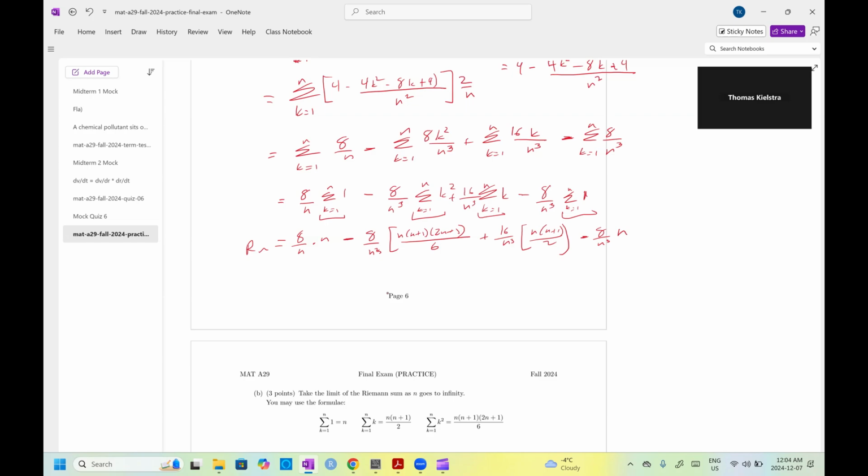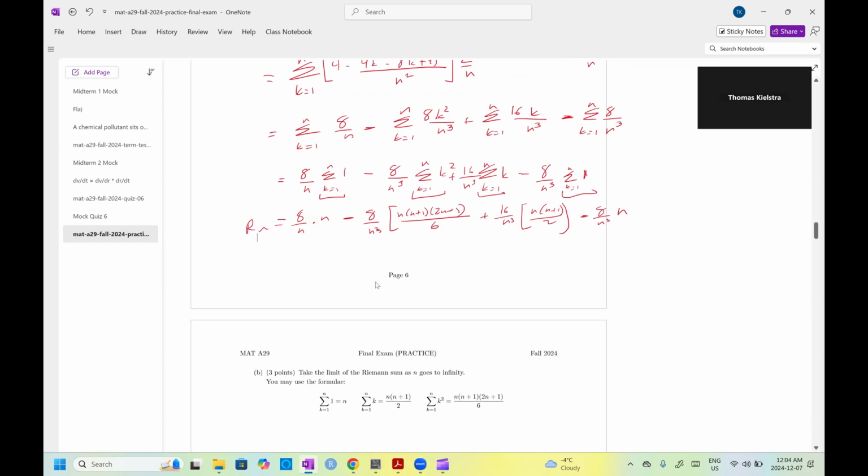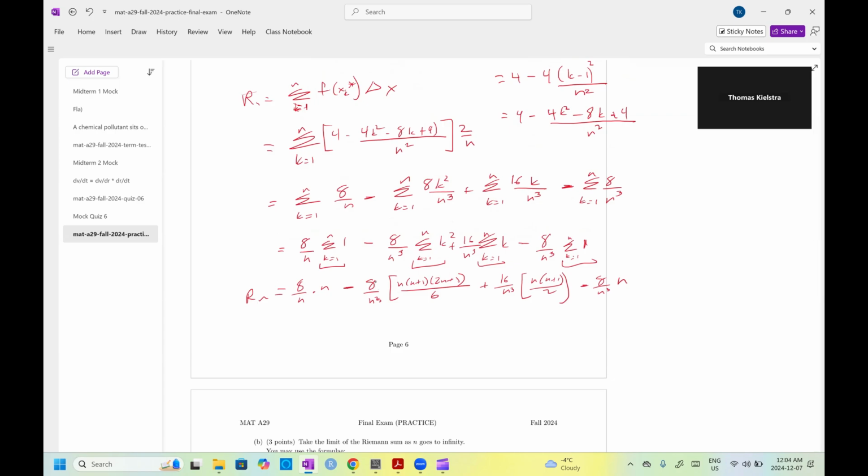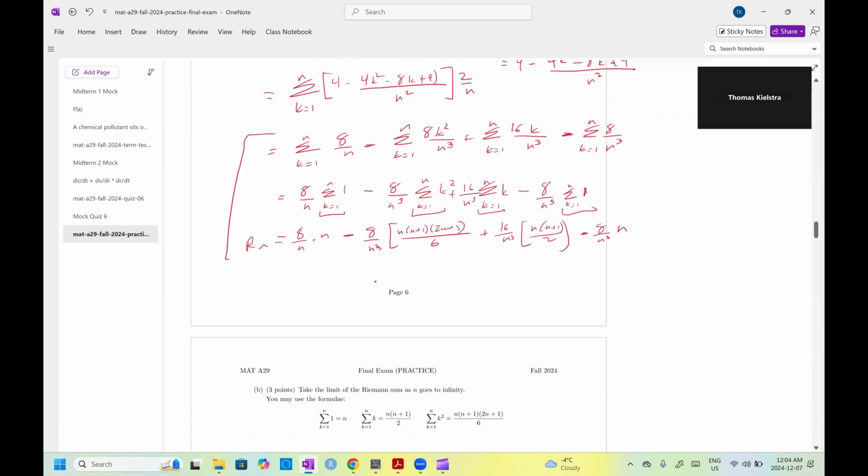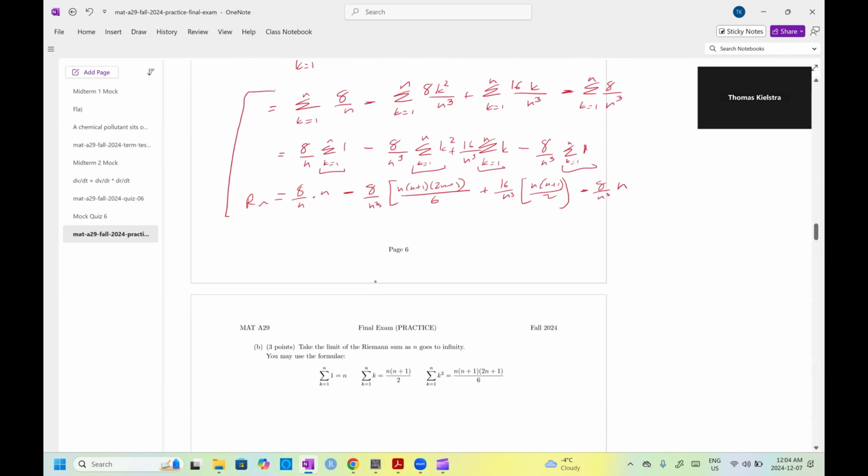Now, going into our expression down here, really everything up to this point is starting to solve part b. What part b wants us to do is take the limit as n goes to infinity of this expression.